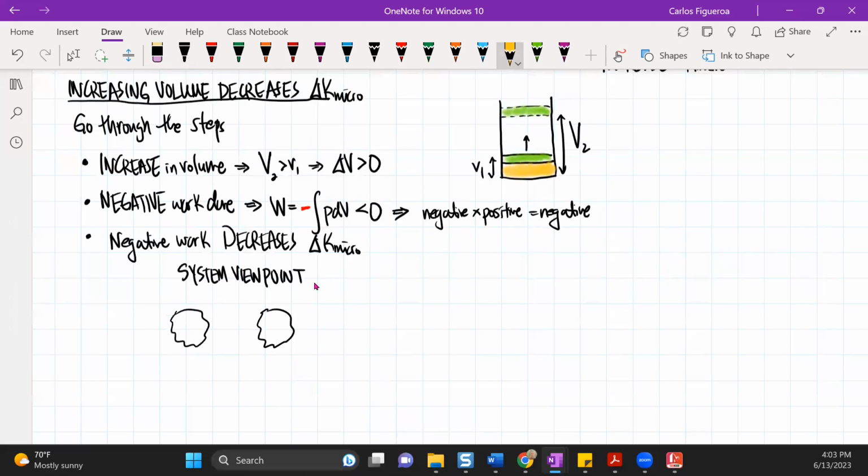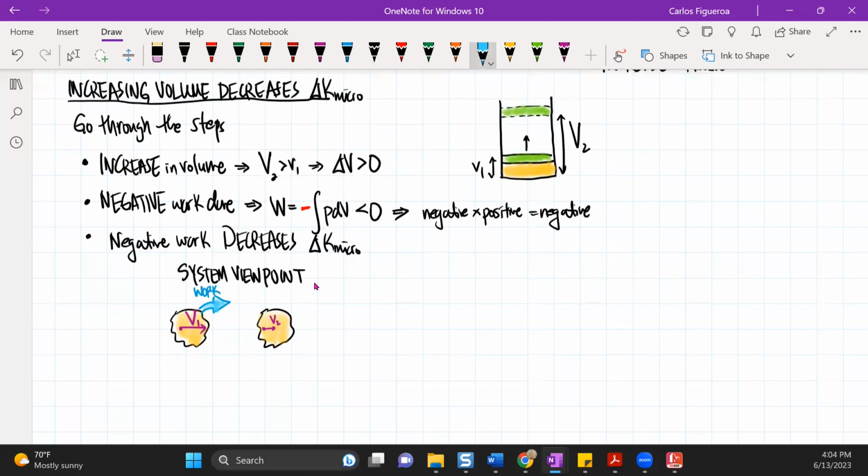And what I know here is that there's going to be a decrease. That means I start off at some high initial velocity, and then I go to a lower velocity. So why is there a decrease?